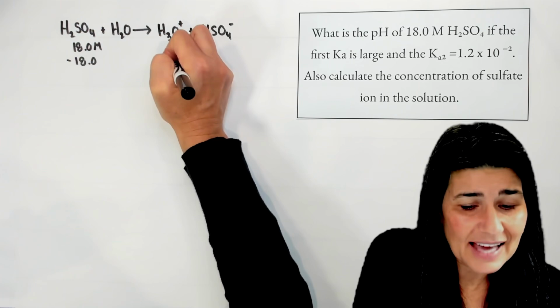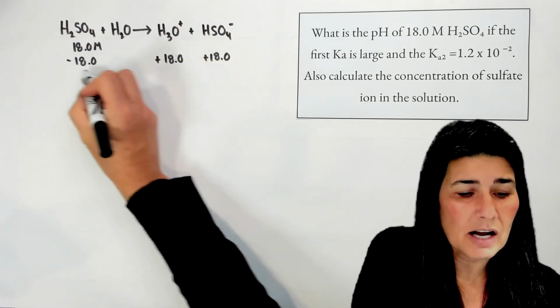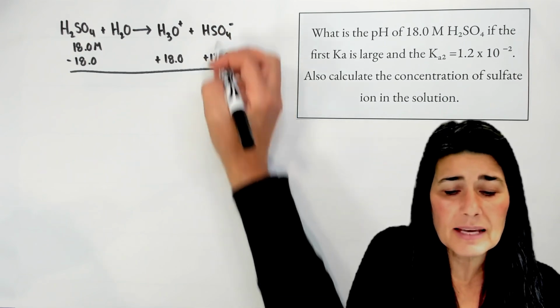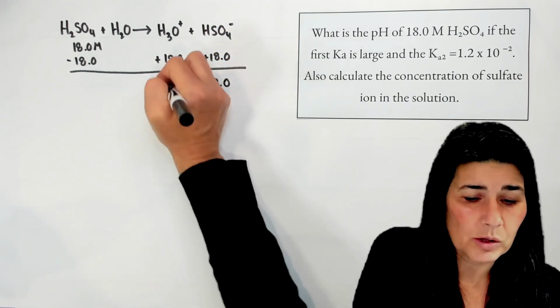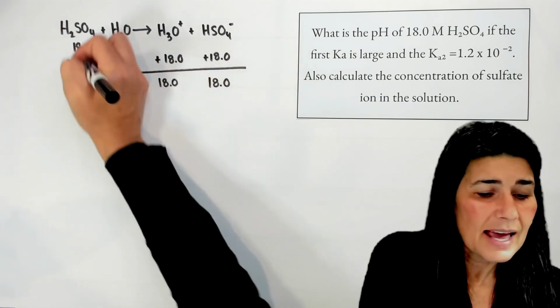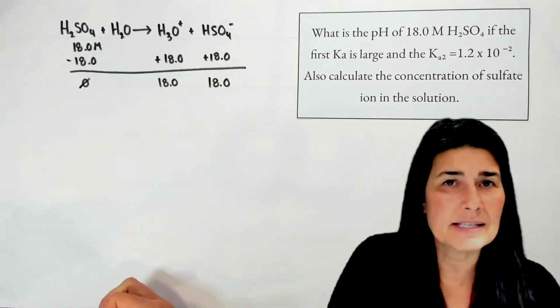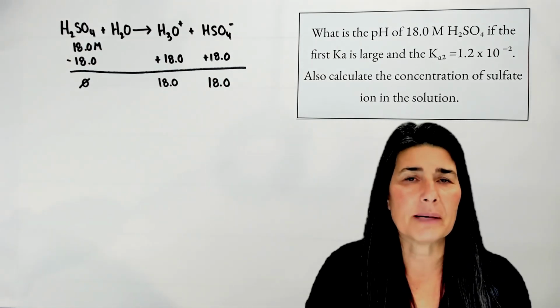I'm going to add 18 molar here, and I'm going to add 18 molar of bisulfate. At equilibrium, the bisulfate will be 18 molar, the H3O+ will be 18 molar, and I will have no undissociated sulfuric acid. That's what I have at equilibrium.